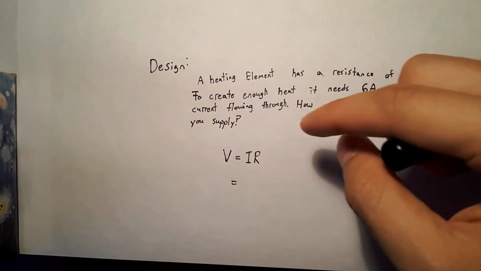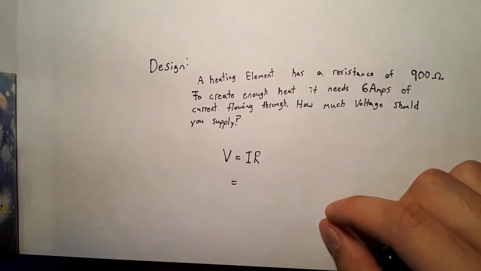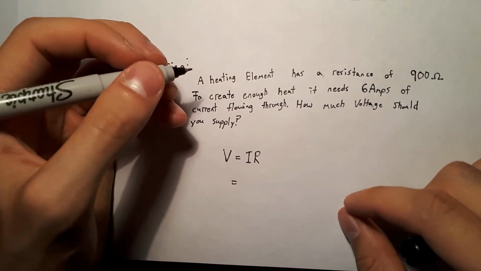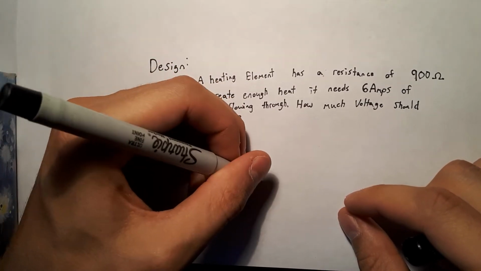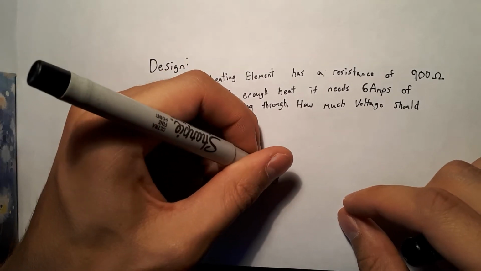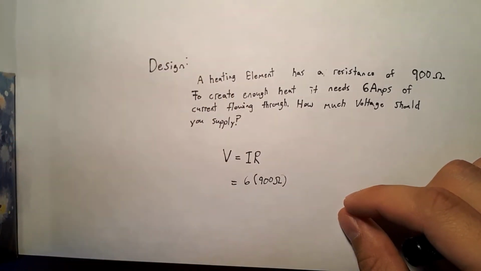We know that voltage equals current times resistance. So if we want a voltage, and we know how much current we want, and we know how much resistance we have, we can simply multiply them together.